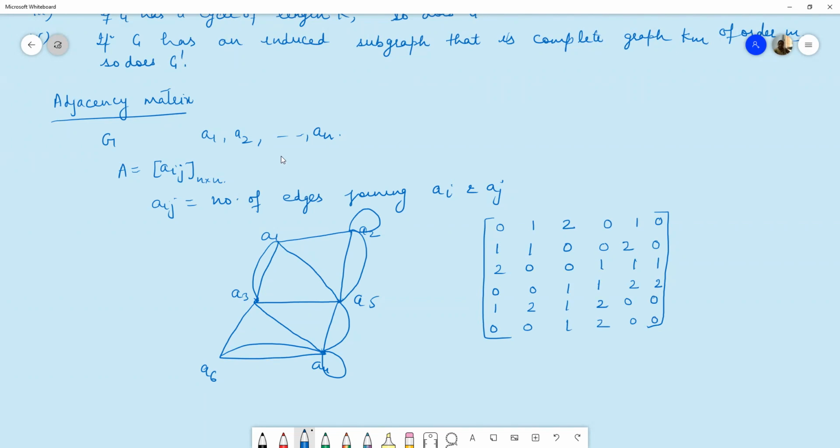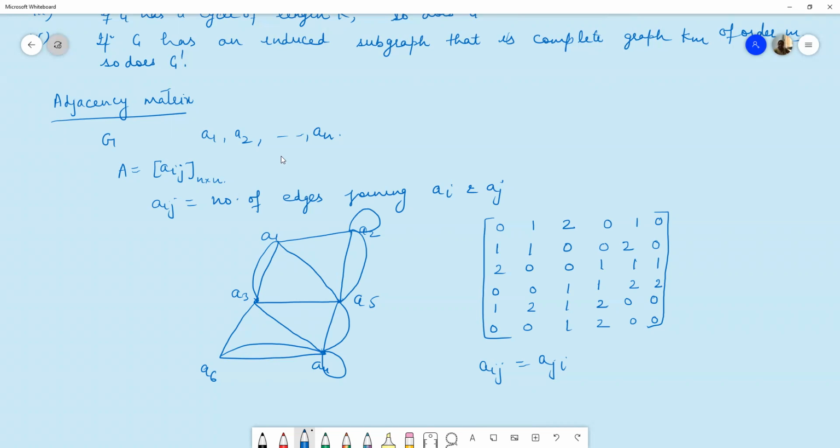So in this matrix, we can easily check that aij is equal to aji, because the number of edges from ai to aj is equal to the number of edges from aj to ai. So this adjacency matrix is uniquely determined by the graph, apart from the ordering of its rows and columns.